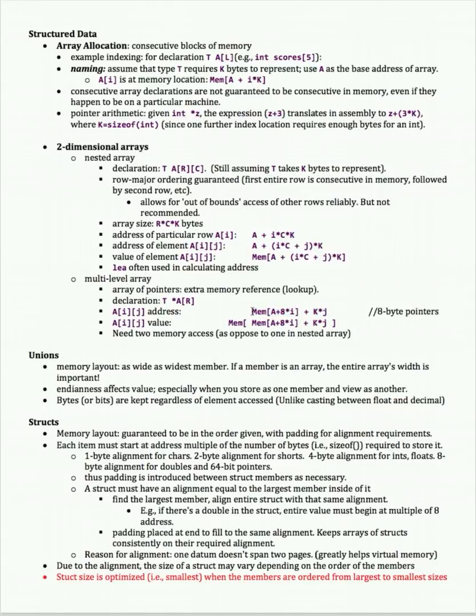What this means is that we first have to access the corresponding address in the address array, and then we jump to that address, and then we move the byte amount corresponding to the column, right?